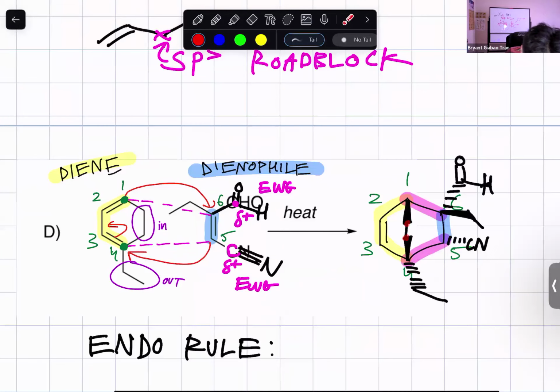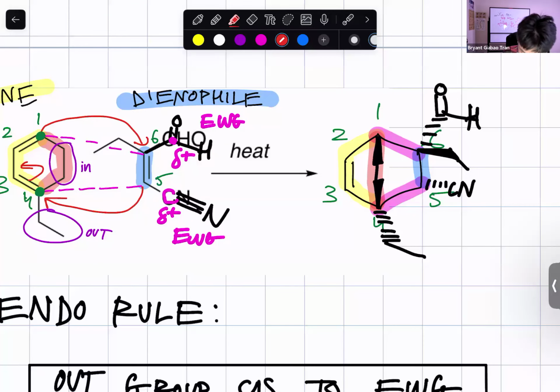To make that more clear, I'm gonna highlight that in red, that bridge right there, connecting 1 and 4, which is this bridge right here, connecting 1 and 4, like that. Right. So this right here, and its racemic, its enantiomer would be one set of products.